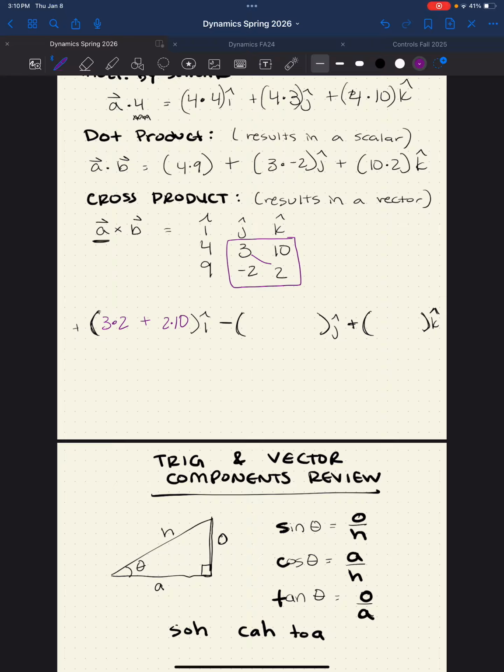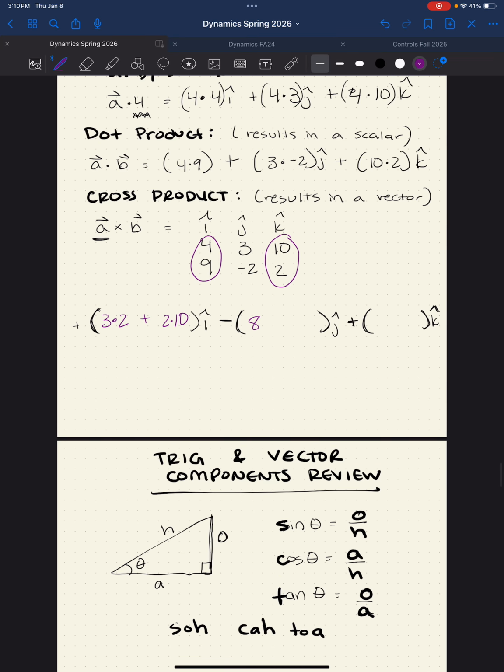Okay, the next component, I'm going to do the same thing, but I'm going to look at a different part of this array. In fact, I'm going to look at the kind of matrix that forms from these two columns, the outer columns, and again, I'll do forwards minus backwards. I'll do 4 times 2 is 8, minus the backwards product, which is 9 times 10, or 90.